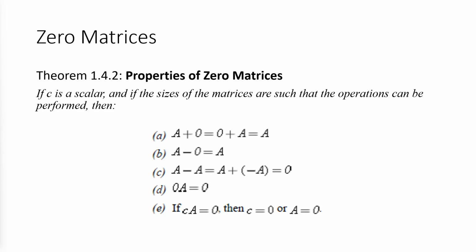A matrix whose entries are all zeros is called a zero matrix. So that's the definition we are going to have.